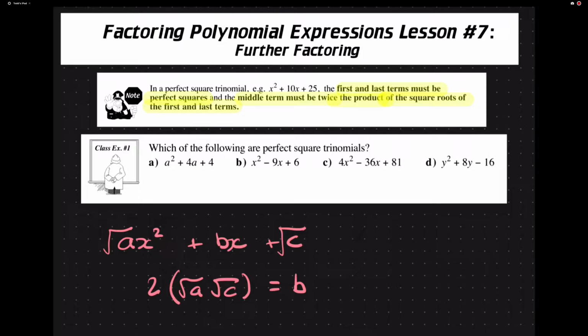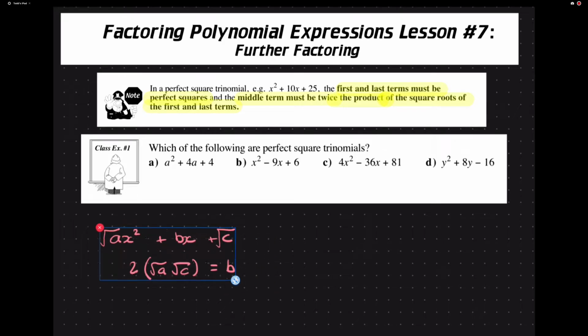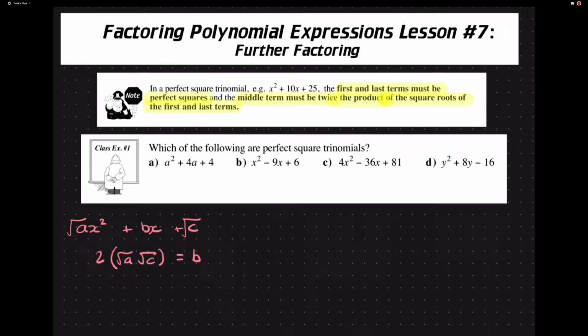Okay, so let's just try example A and see if that is true. Now we have, in example A, a squared plus 4a plus 4.